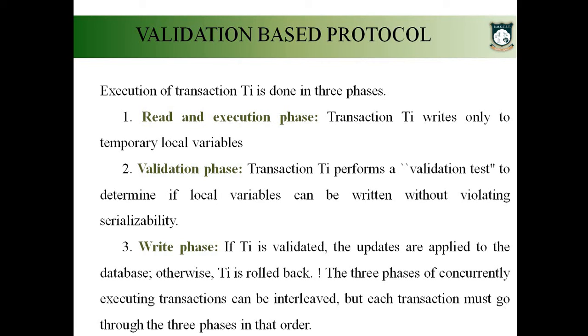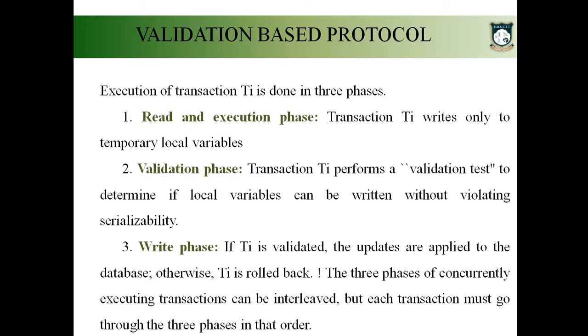In validation based protocol, your transaction will be in 3 phases. The first phase is read and execution phase. The next one is validation phase, and lastly the write phase. Read and execution phase, validation phase, and write phase.